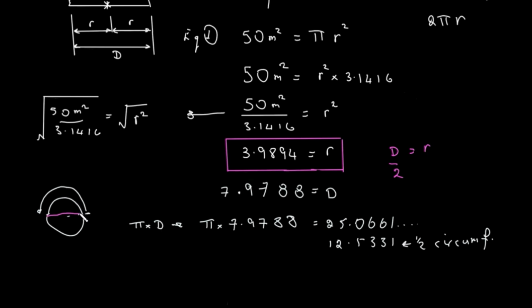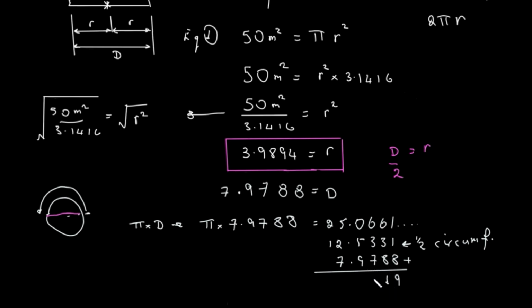Now we need to add that bit, which is this. So we have 7.978. Put a line underneath and we're adding those. 8 plus 1 is 9. 8 plus 8 is 11, no, let me check, carry the 1.